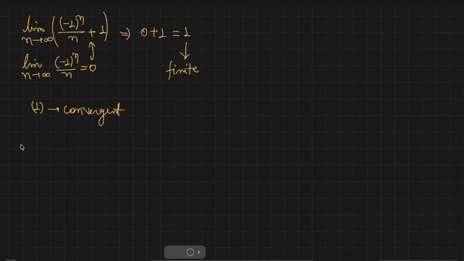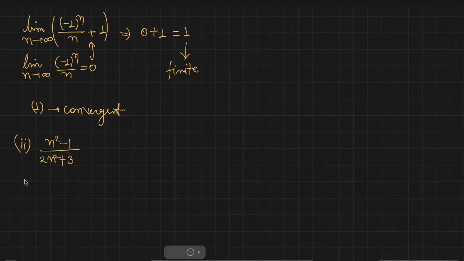Now come to the second one. What is the second? It is n square minus 1 upon 2n square plus 3. Here you have to find the terms of the sequence.